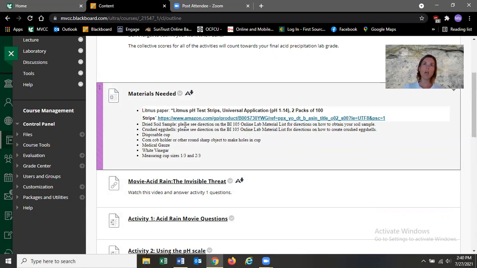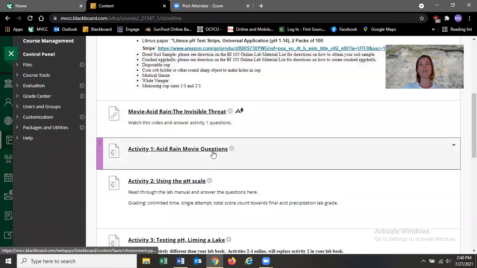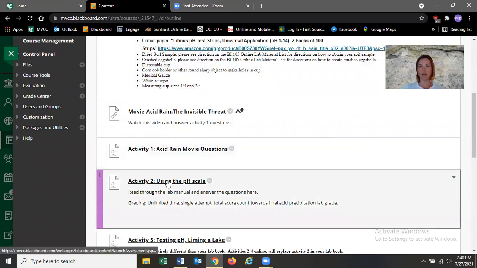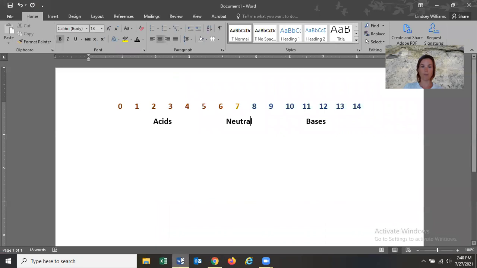Okay. So watch a movie, answer your questions, and then when you move on to using the pH scale, you're going to read through the lab manual, the pages that cover this information, and you're going to answer these questions. But really quick, I'm going to give you a breakdown. Acids are any number from 0 to 6. Bases are any number from 8 to 14, and 7 is neutral.